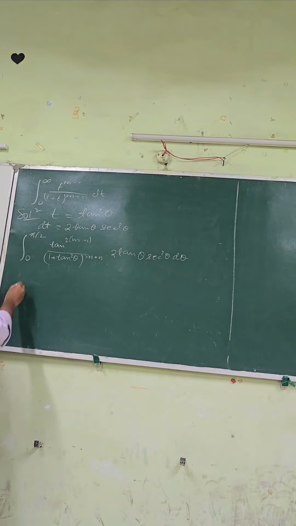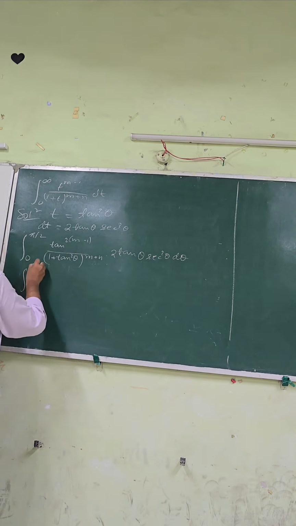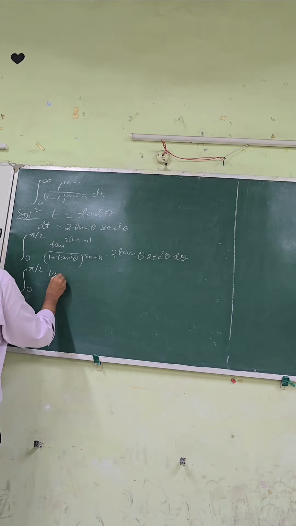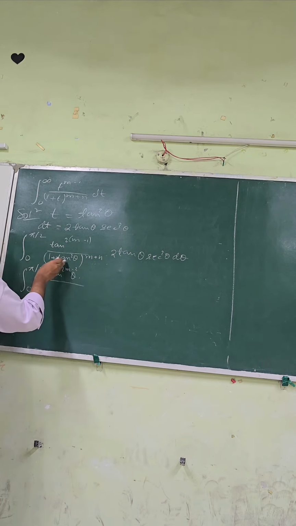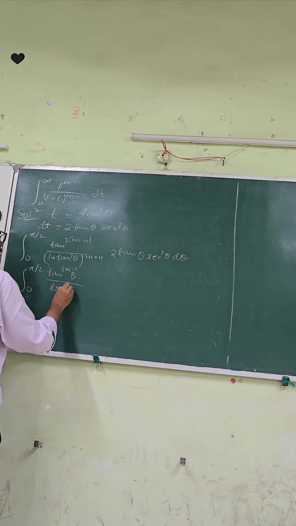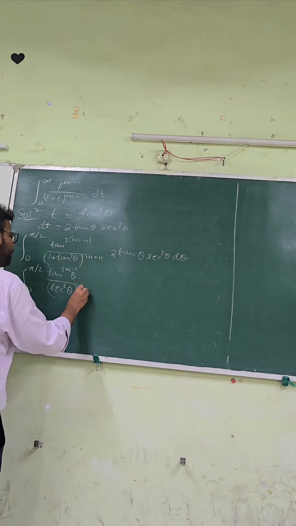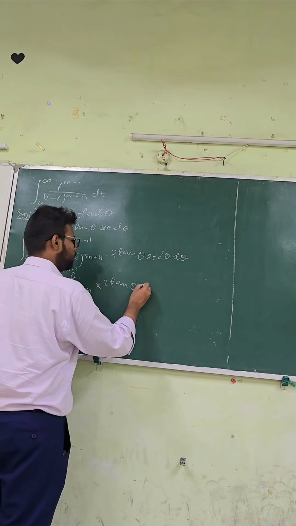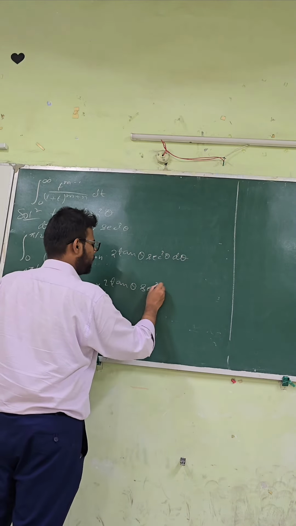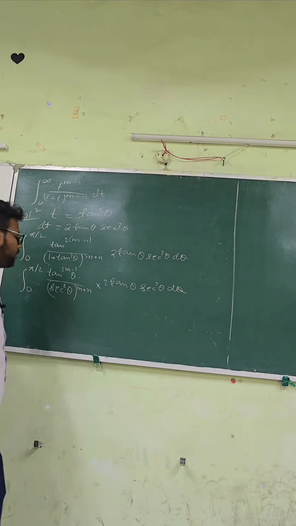You get this thing. So you get the integral 0 to pi by 2 of tan of 2m minus 2 theta by sec squared theta whole raised to power m plus n, into 2 times tan theta into sec squared theta d theta, right? You get this thing. Okay, right.